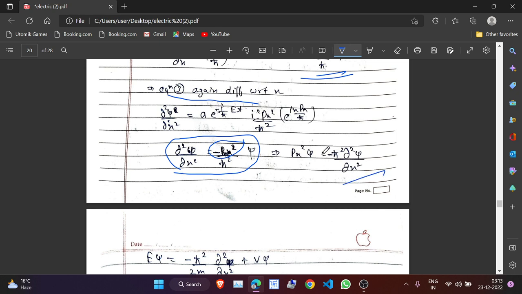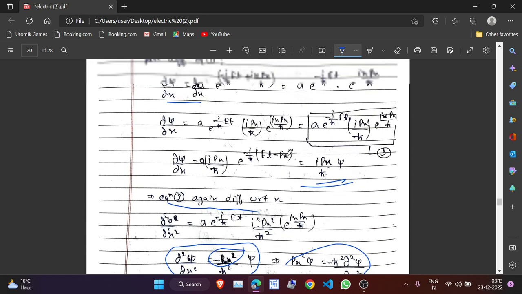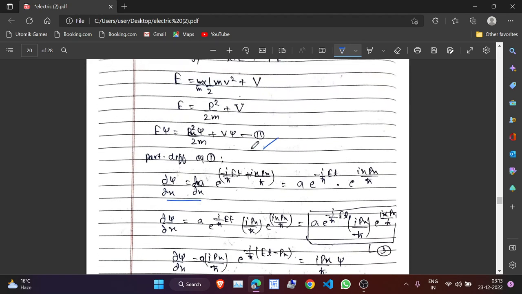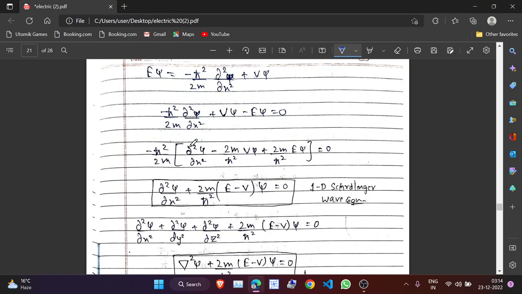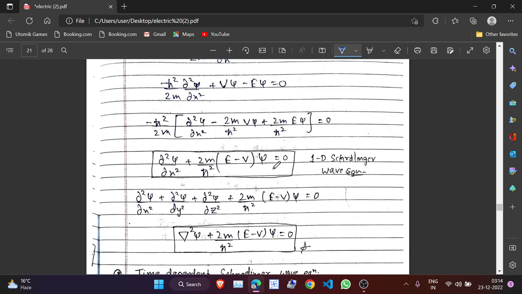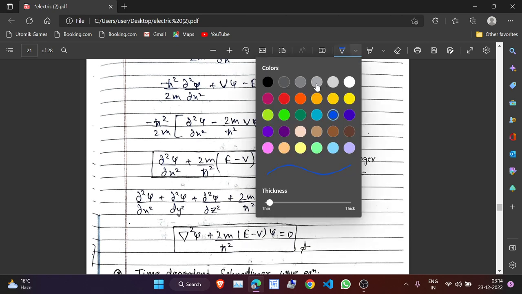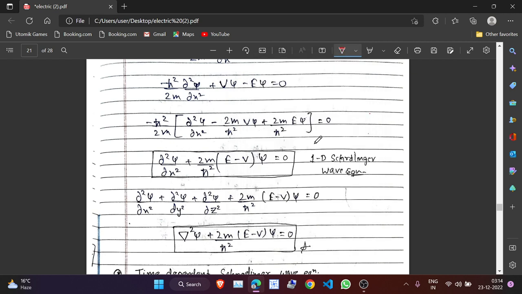This can be put in equation number 2. On putting this in equation 2, taking common terms out and multiplying the rest, we get the one-dimensional Schrodinger wave equation: d square psi upon dx square plus 2m upon h bar square (E minus V) psi is equal to 0.